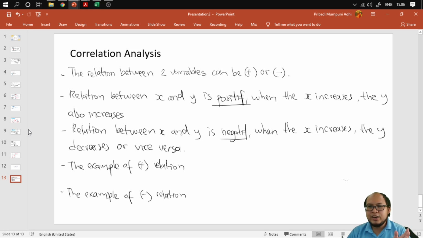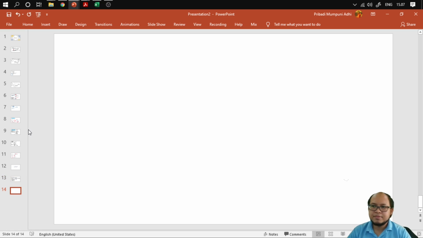Or in our daily life, for example, if we use our time for playing a game, so our time to do the exercise or to study will be decreased. These are the examples of the negative correlation.